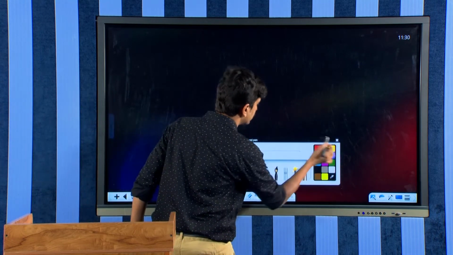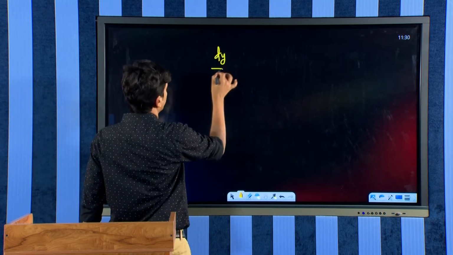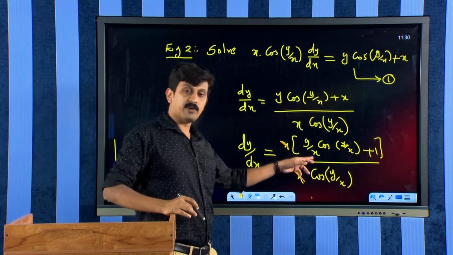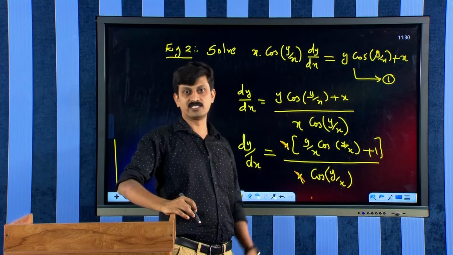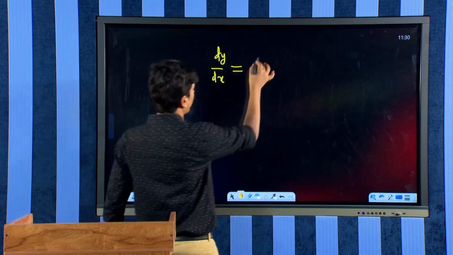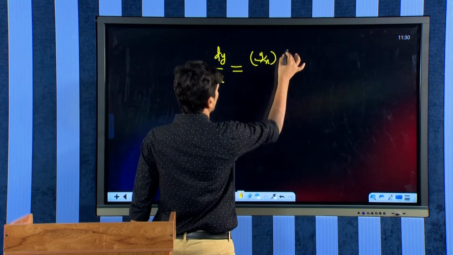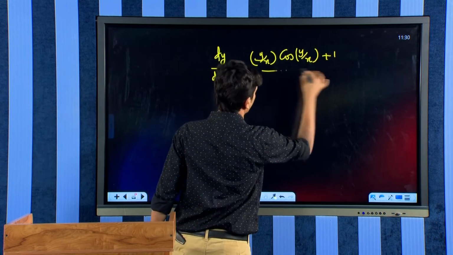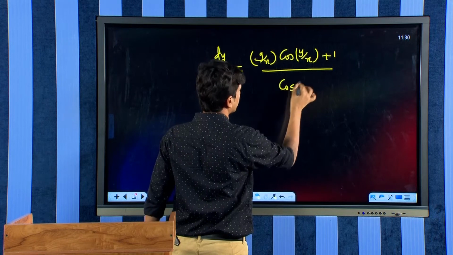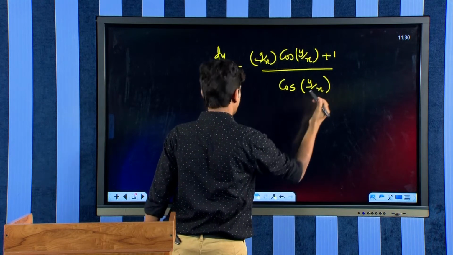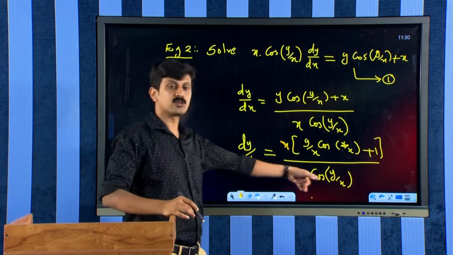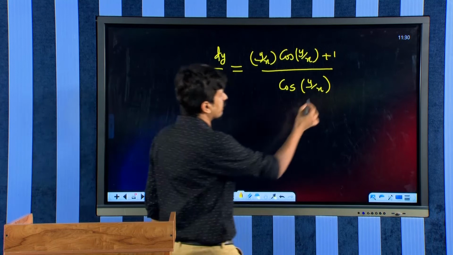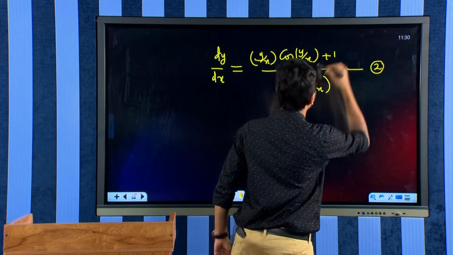Now finally we will have dy by dx is equal to ((y by x) cos(y by x) plus 1) divided by cos(y by x). We converted it into equation number 2.